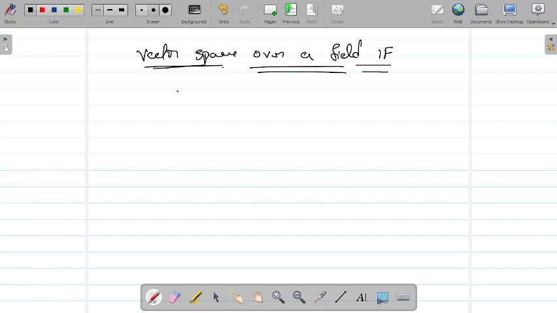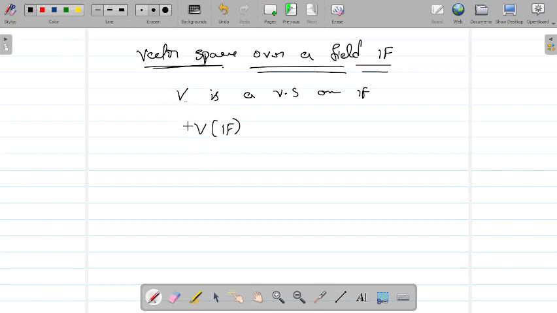So you start with any non-empty set where the addition of elements is defined and a scalar multiplication is defined. So we call this V a vector space over F, we simply denote it like this, V over F, if it has some properties. What are the properties?